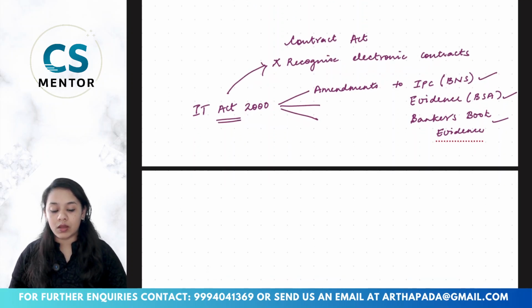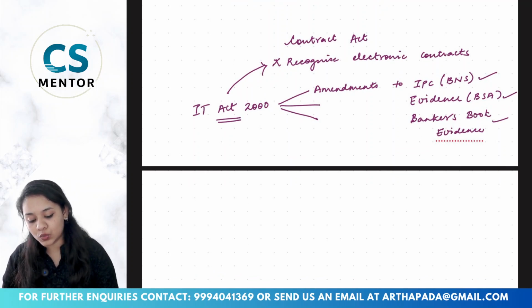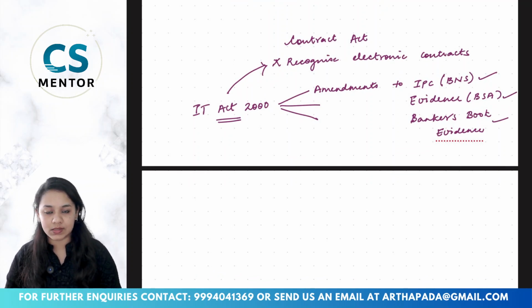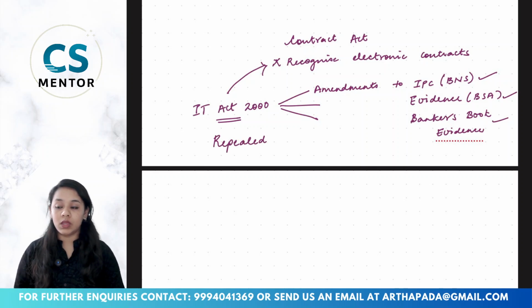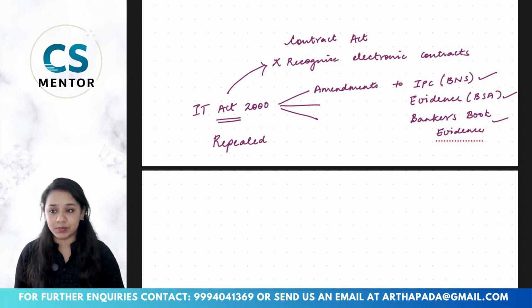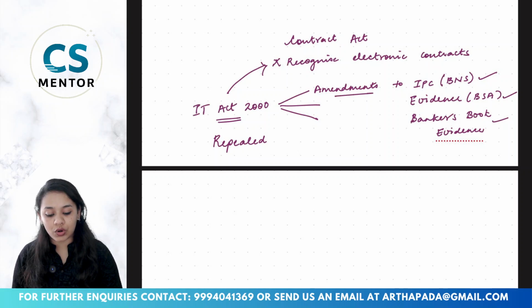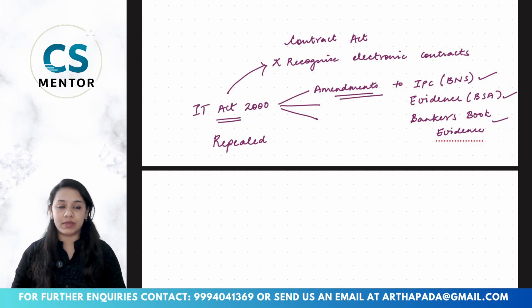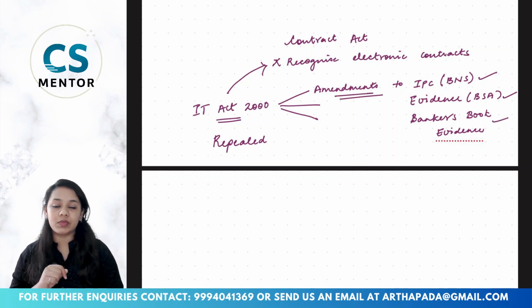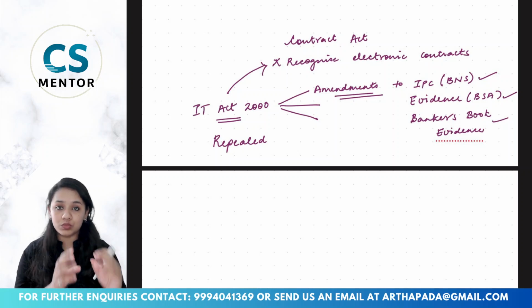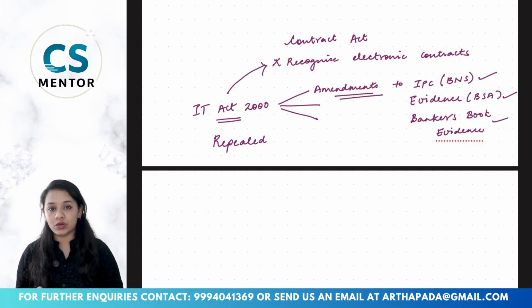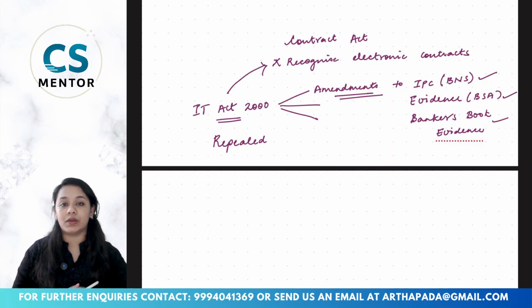Now, presuming, here is where the example starts. What if in today's scenario, the IT Act 2000 now stands repealed? Now, if the IT Act 2000 stands repealed, what happens to all the amendments made to IPC, to evidence law? What happens to the recognition of electronic contracts? Do we now remove those definitions from those three laws, or do we allow it to continue?